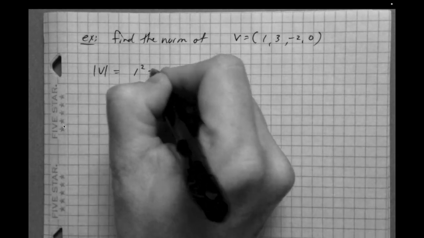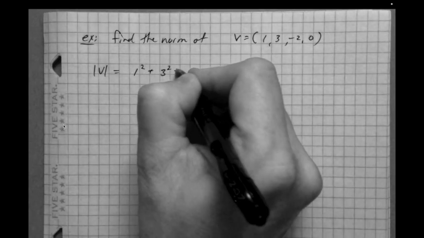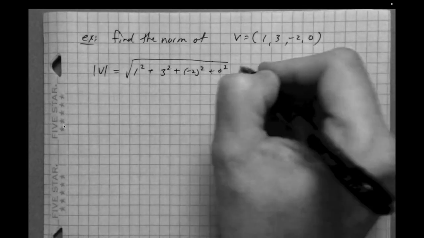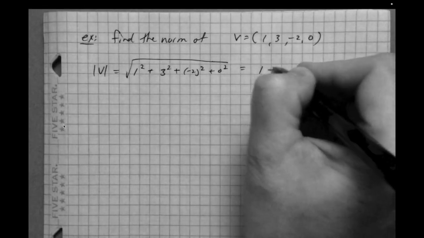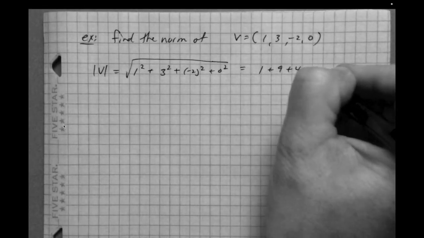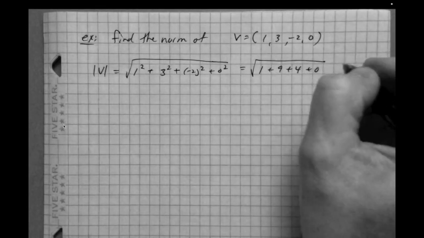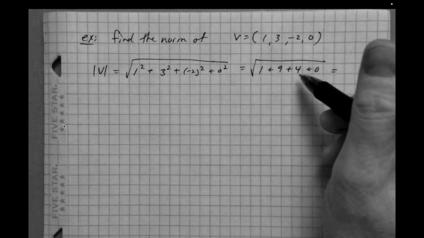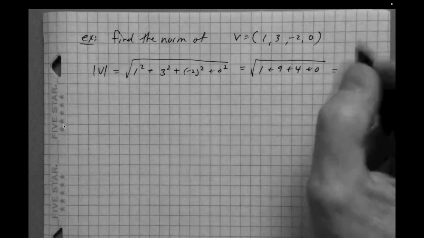So that's the square root of 1 squared plus 3 squared plus negative 2 squared plus 0 squared. So that's 1 plus 9 plus 4 plus 0. And so this is the square root of 15.